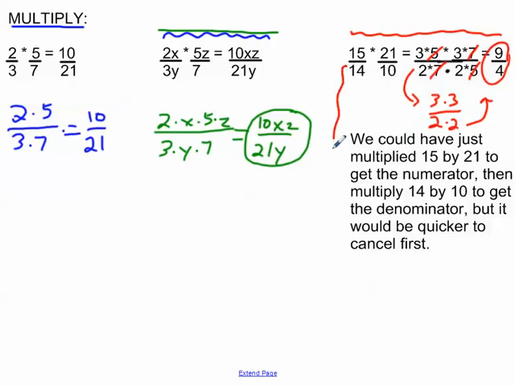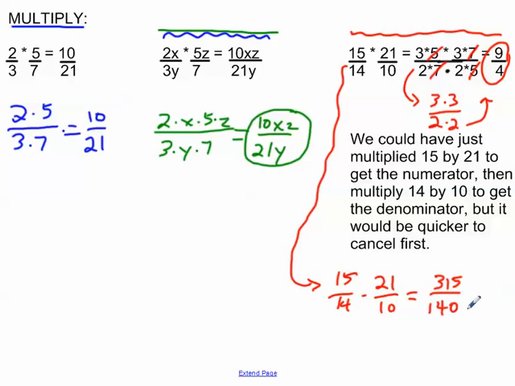Now the really long way around would be to say if we took 15 fourteenths times 21 tenths, 15 times 21 is 315, over 140.